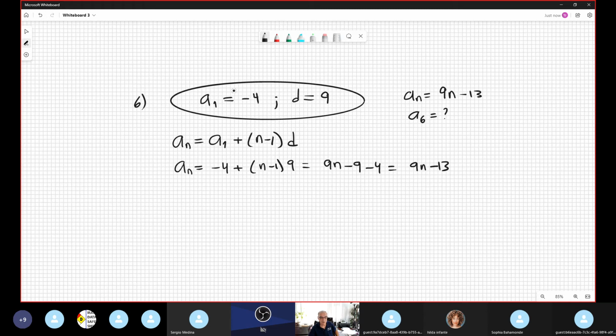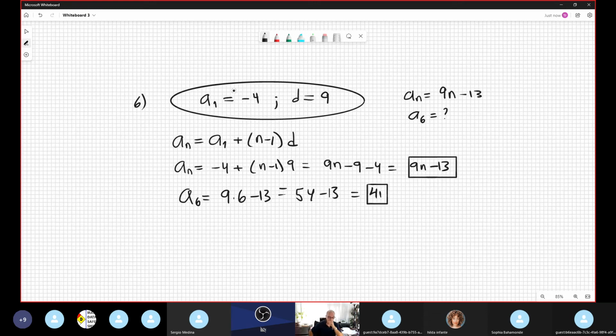If I want to find the term in position 6, plug it in, replace n: 9 times 6 minus 13. This is 54 minus 13, 41. Boom. One answer, 2 answers. Any question?